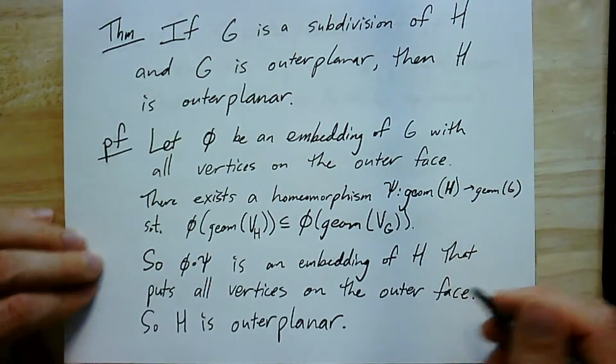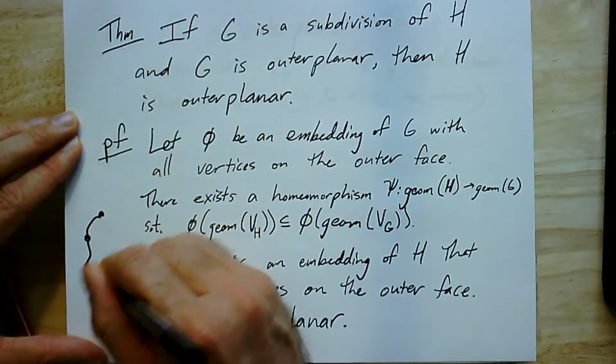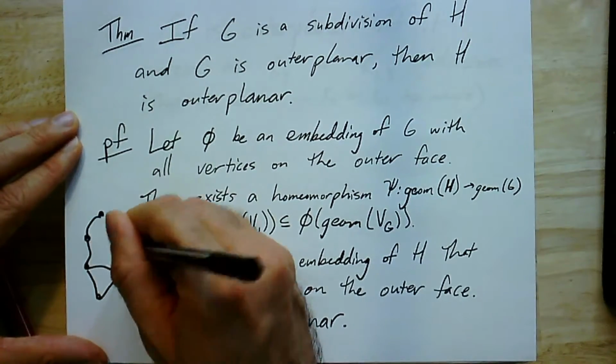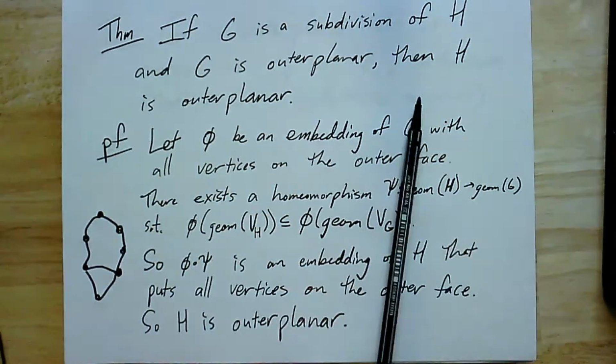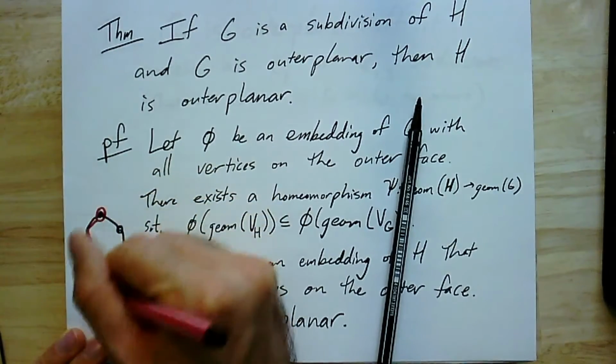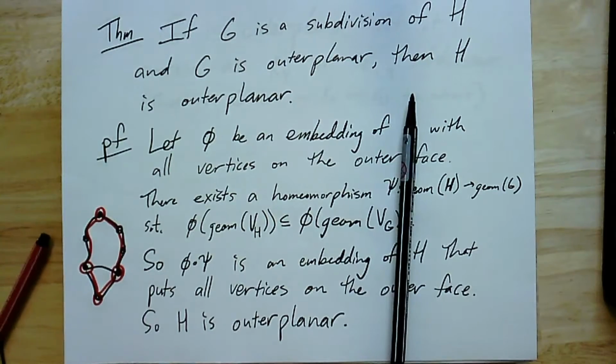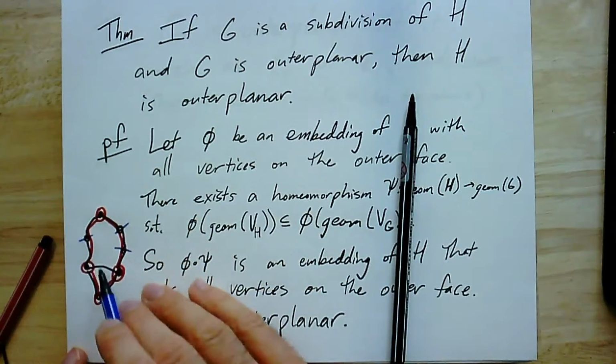So maybe it helps to remember that when we do this kind of subdivision, say I had a graph like this, and I just subdivided a couple edges. I subdivided it here, here, and here. That I can find an embedding, which is exactly the same, right?